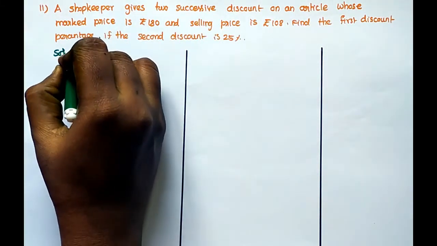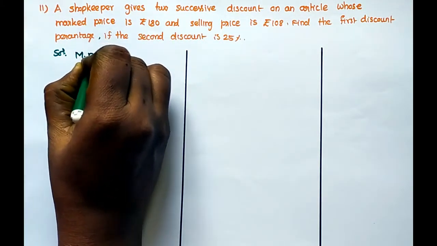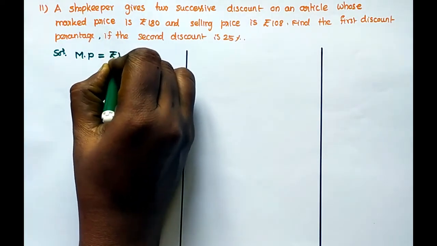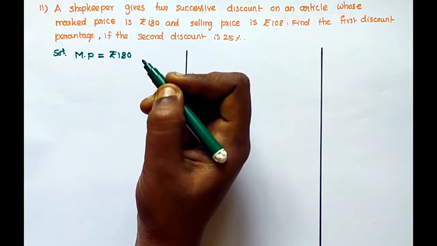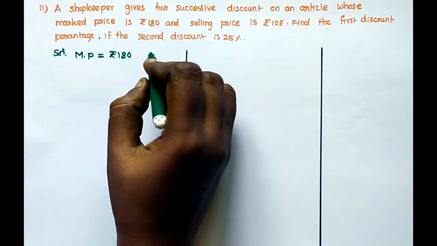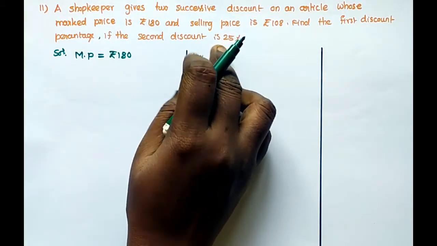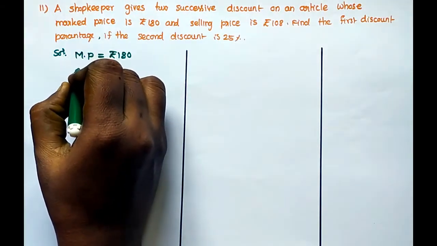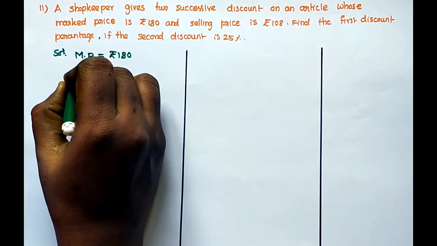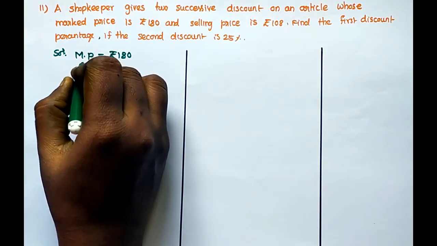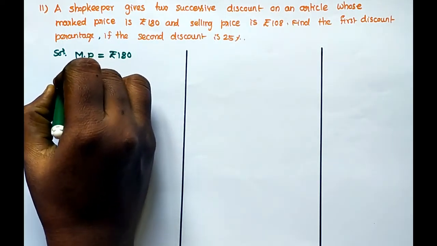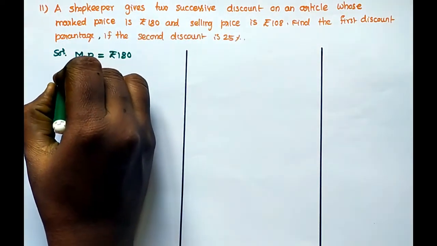The mark price equals rupees 180 and discount 2 is 25%, and after the 2 discounts the selling price is 108.